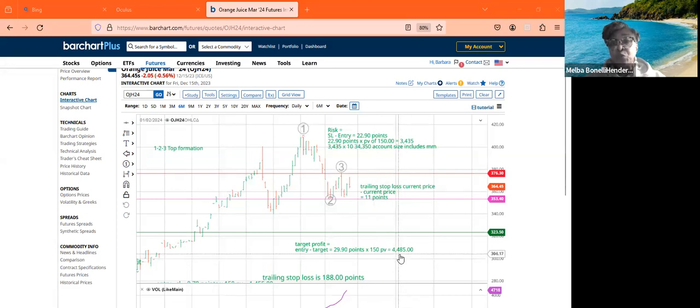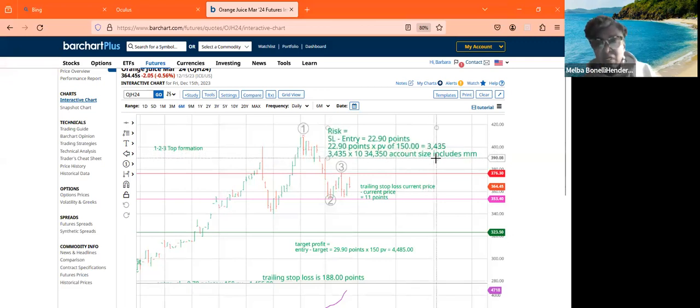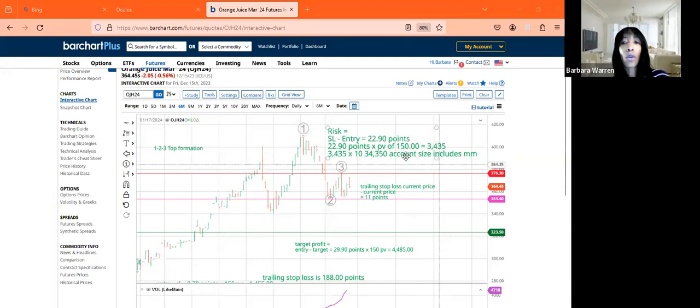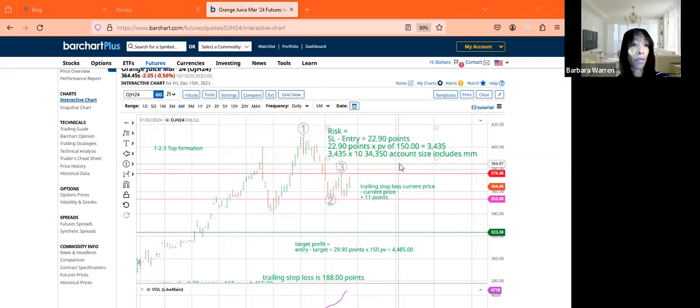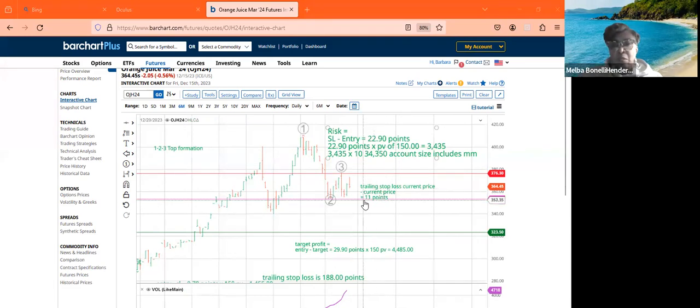So pretty much you're risking... no, that can't be. The trailing stop loss is 11 points, correct? Yes. Your stop loss is 22.90 points, so 150 times that would be $3,435, but hold that. Your trailing stop is 11 points.